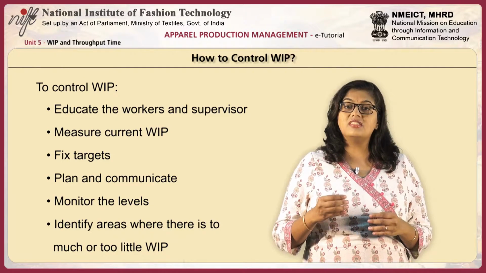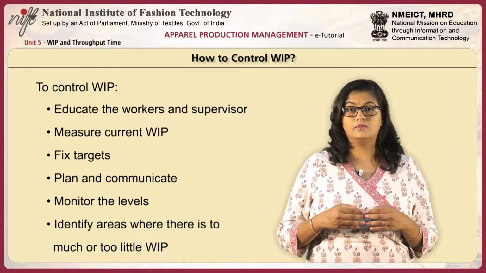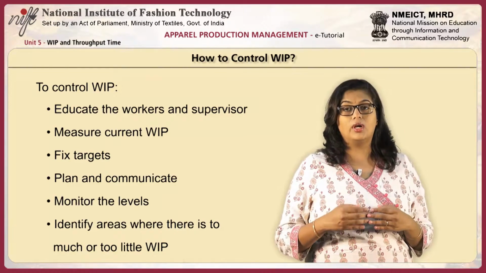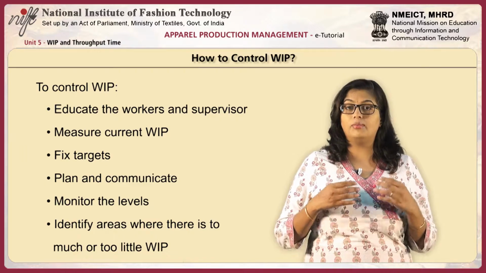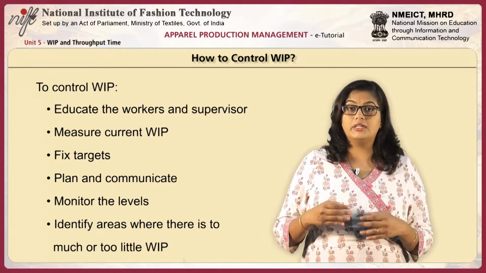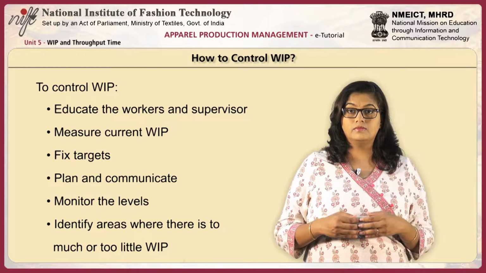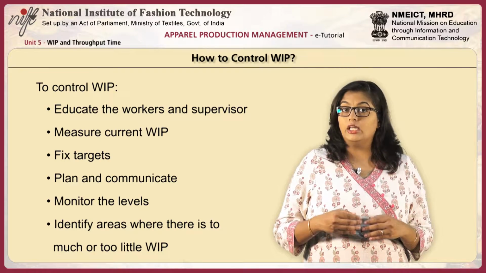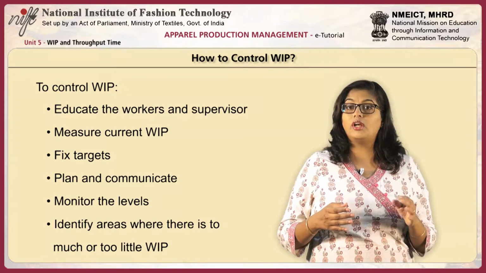Let us now look at some ways to control WIP inside the factory. We need to educate the supervisors and the workers and make them understand the importance of WIP. We need to measure and control the current WIP. We need to set a target for WIP for each production process, product type or a factory.